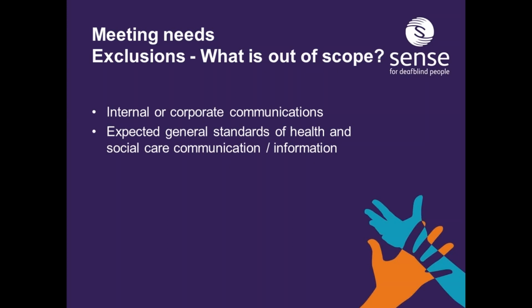It is worth noting, however, that the Equality Act would still apply, so if somebody were to request a copy of the annual report in an accessible format, then it may still be considered a reasonable adjustment to provide it. Expected standards of general health and social care communication or information fall outside of scope. So this isn't about general accuracy of information.